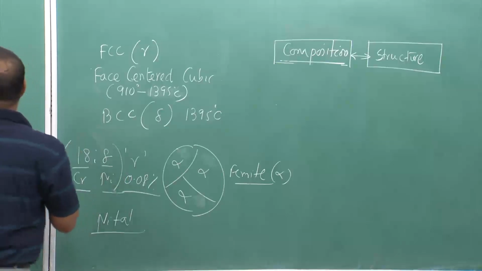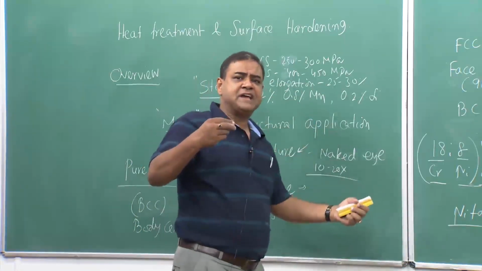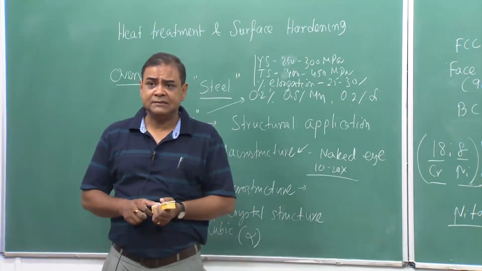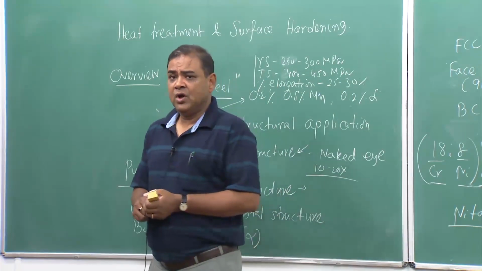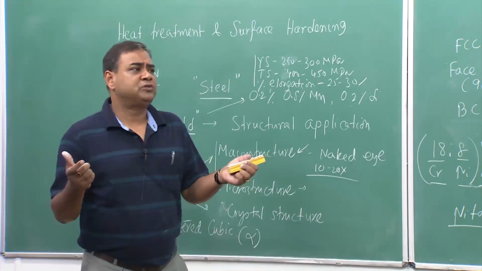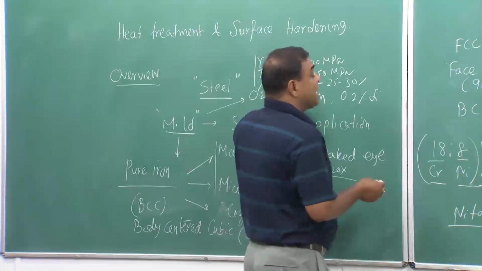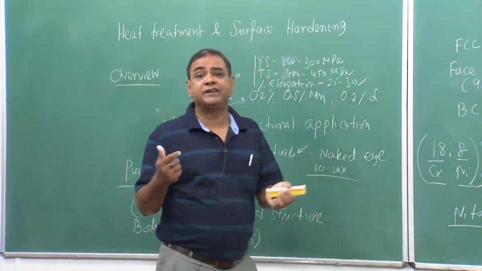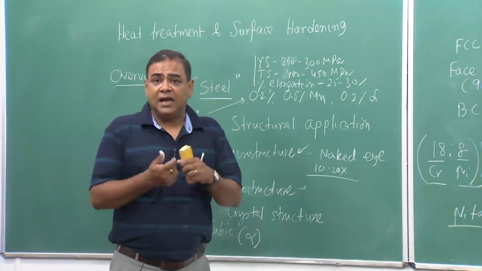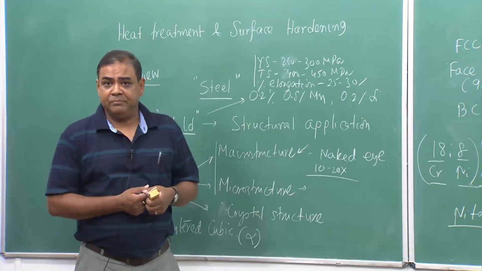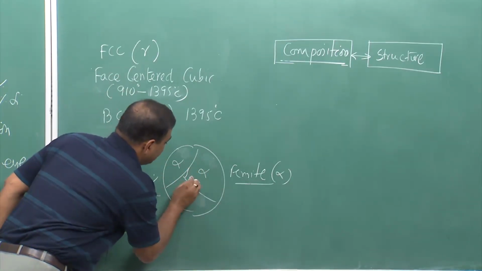Now, if we have 0.2% carbon, as per the phase diagram, which we will talk about later, we will see that it contains close to about 20 to 25% pearlite, depending on carbon content. We will also talk about how to find the pearlite content, which is decided by tie line construction in the phase diagram. And in that case, the pearlite forms around the triple point.